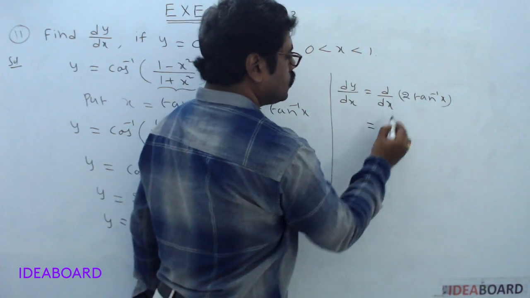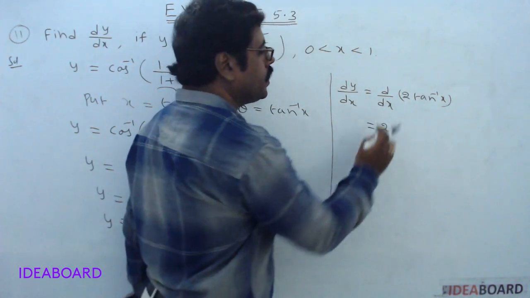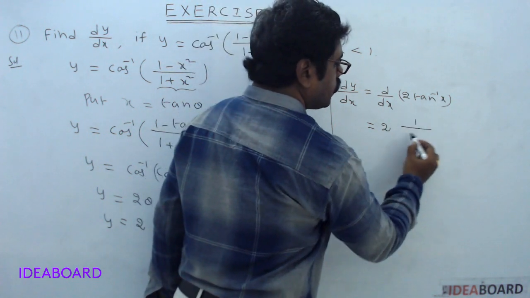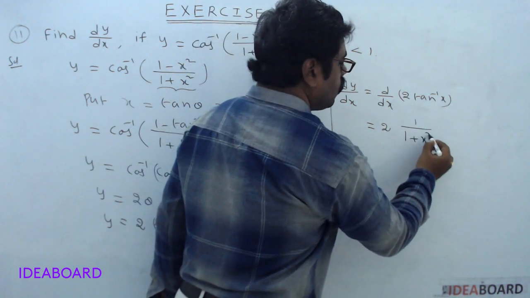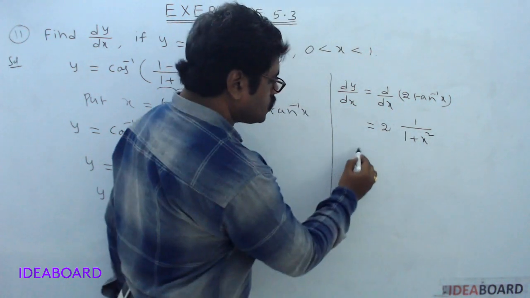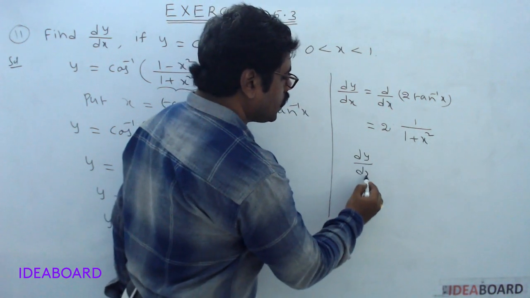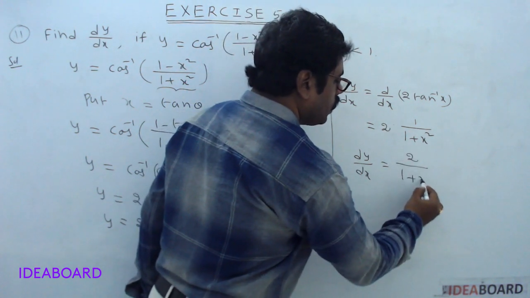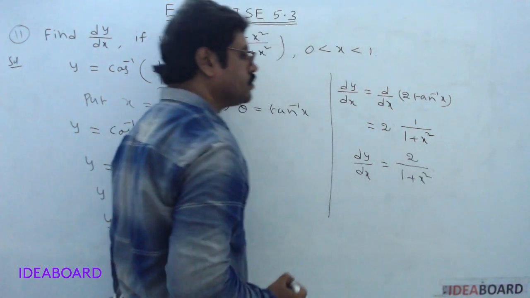Now this equals 2 into the derivative of tan inverse x. The derivative of tan inverse of x is 1 by 1 plus x square. So therefore dy by dx is equal to 2 divided by 1 plus x square.